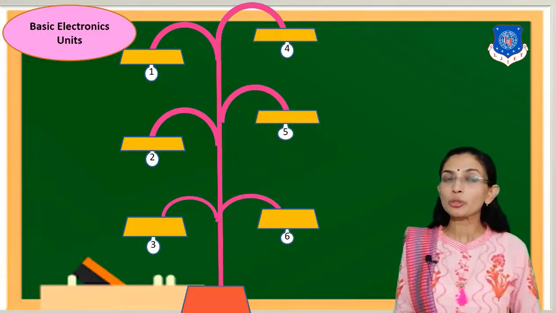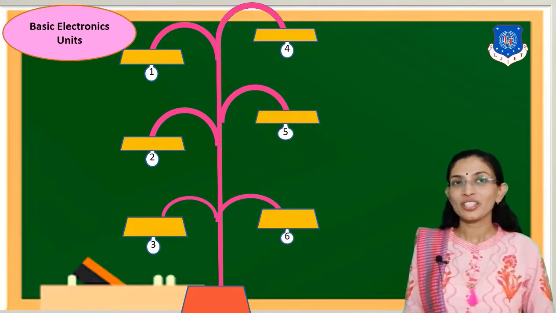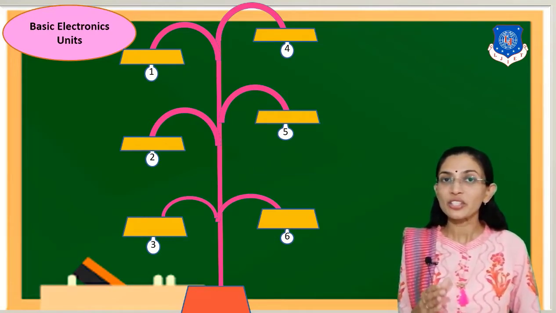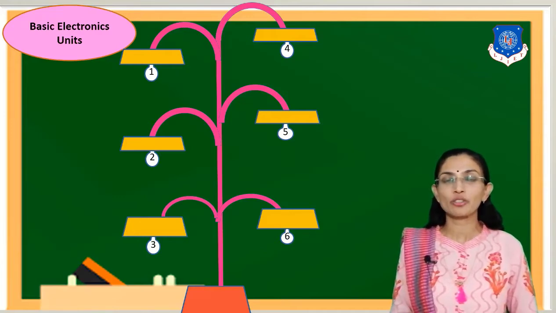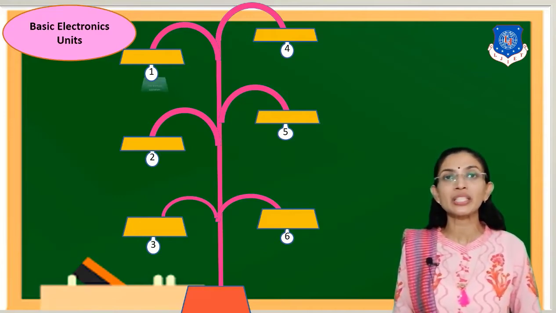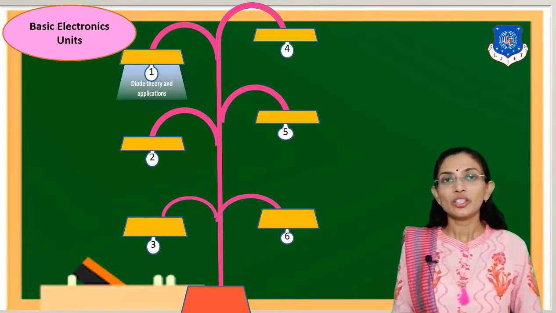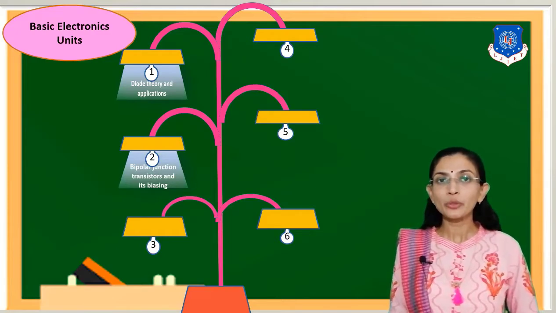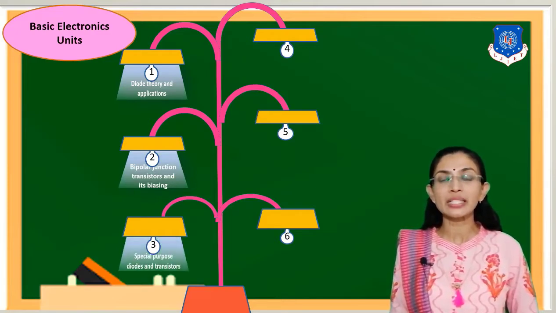Now let me come to the main point, that is the basic electronics units. There are 6 chapters of the basic electronics subject that we will study as per the syllabus. Chapter 1, diode theory and applications. Chapter 2, the bipolar junction transistor and its biasing.